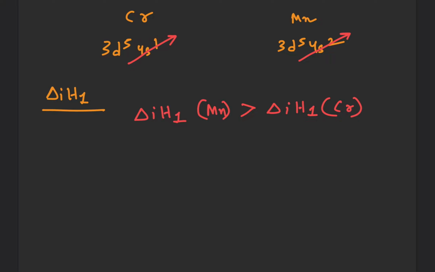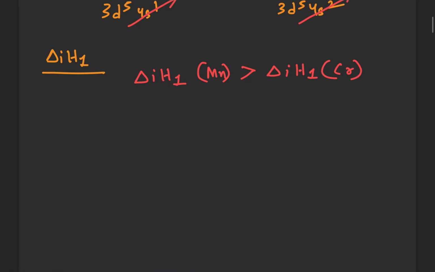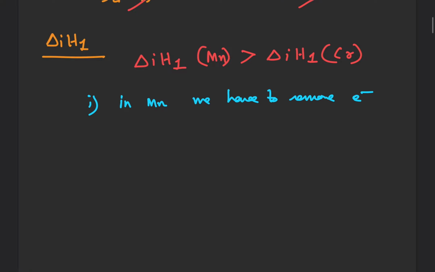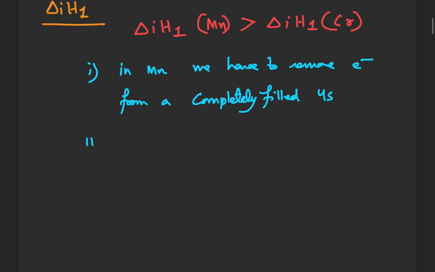Okay, very important. So I will write down the reasons. First is in Mn, we have to remove electron from completely filled 4s.